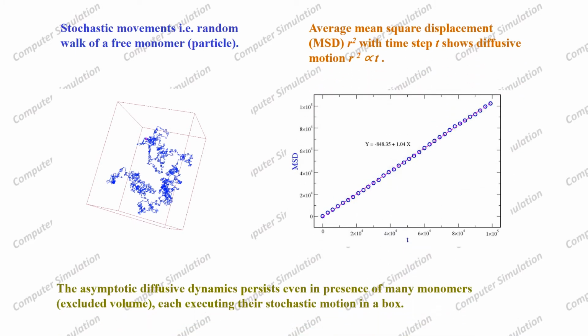The trajectory of a random walk over time is an illustration of the ideal chain, Flory. Variation of the average mean square displacement with the time step describes the dynamics. A linear dependence of the mean square displacement on time shows that the dynamics is diffusive.